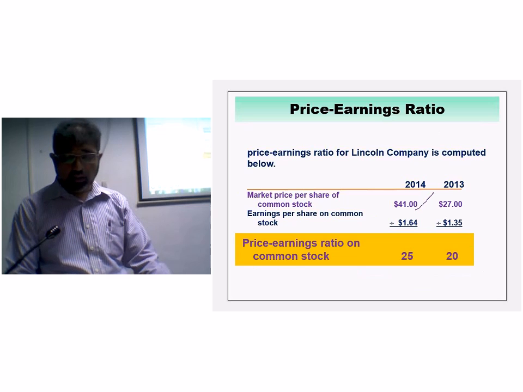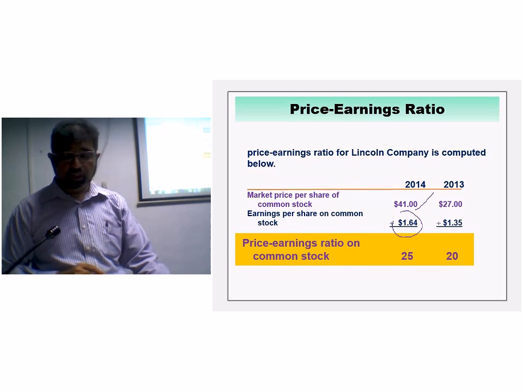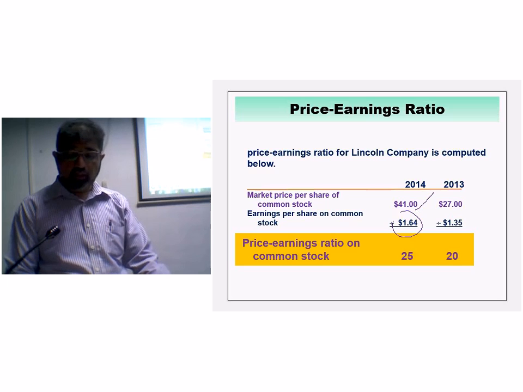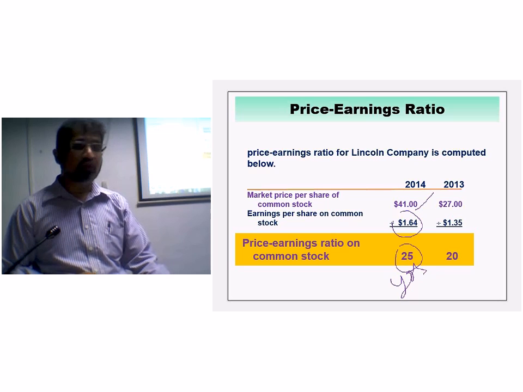Then annual earnings per share is 1.64. If we divide 41 by 1.64, this means we have to wait 25 years to cover our investment, right? Is it clear?